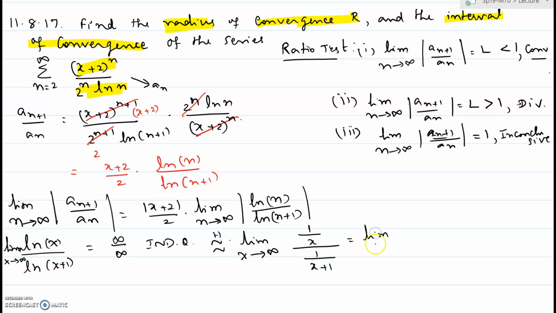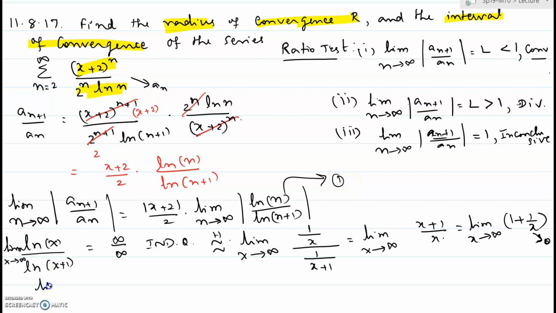So it becomes the limit as x approaches infinity of (x plus 1) over x, which can be written as the limit as x approaches infinity of 1 plus 1 over x. As x approaches infinity, 1 over x approaches 0. So it is simply 1. So this part, from the step that we have proved, becomes 1.